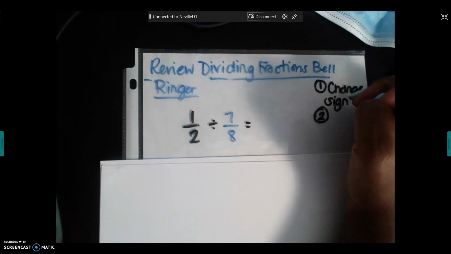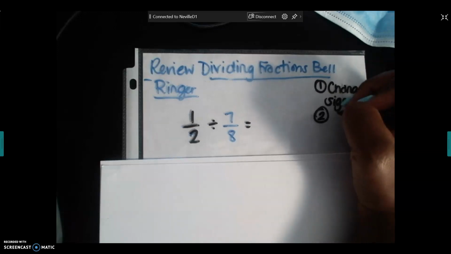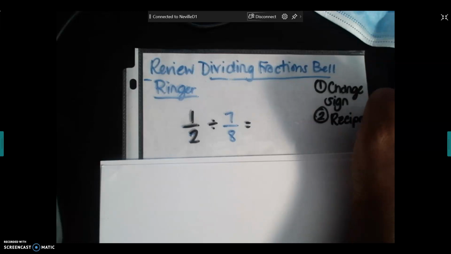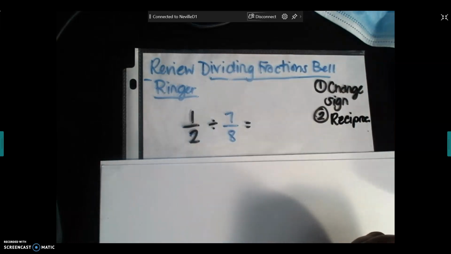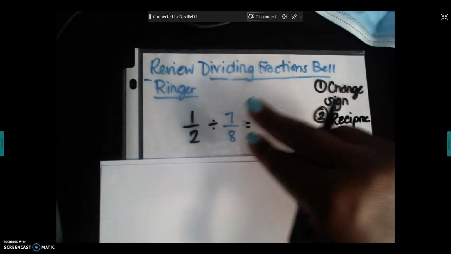Now, Kaylee, what am I going to do? Reciprocal of which one? It's going to be the second one. The second fraction is the one we flip. The reciprocal of 7/8 will be 8/7.